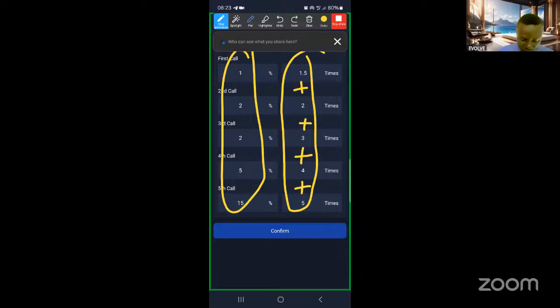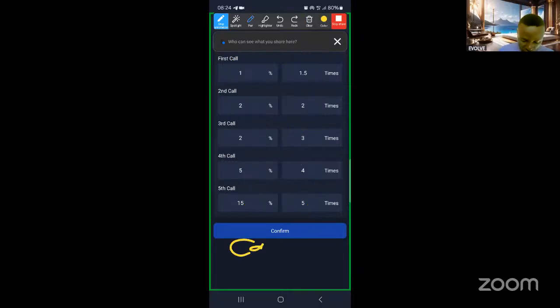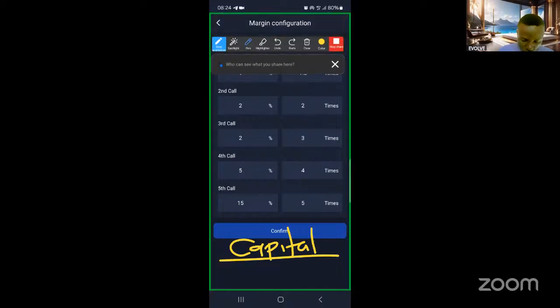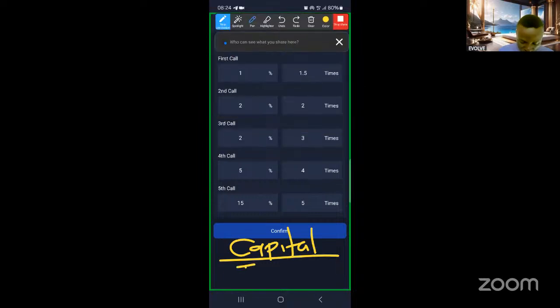You want to invest $200 in a coin. I'm repeating this for people who are not here, because when I start teaching you the other things, you will not connect. Capital divided by the total multiple buying ratio. The number you get is supposed to be your first buying amount. Give me a yes if you understand that.